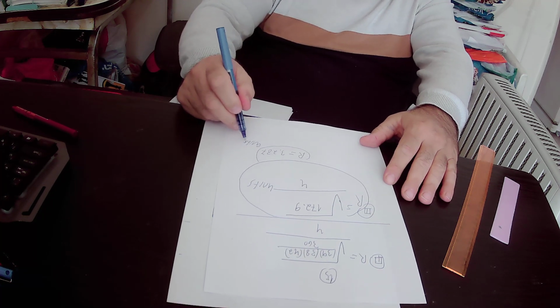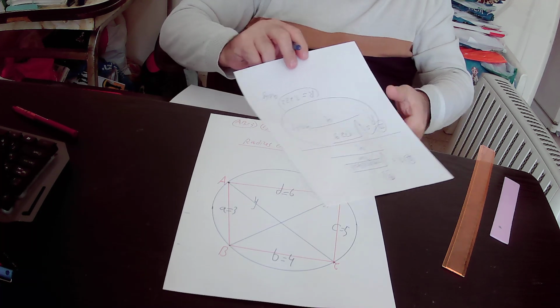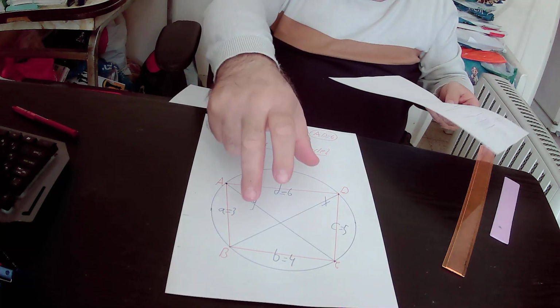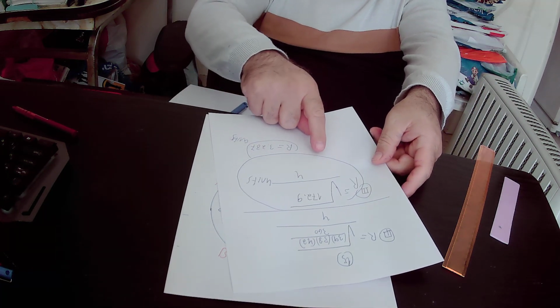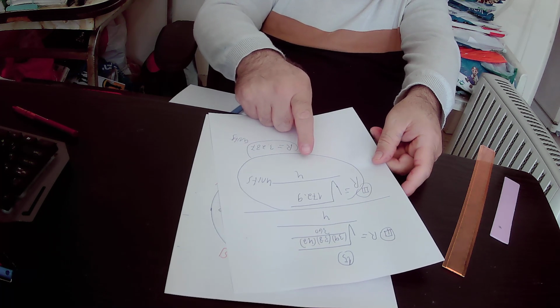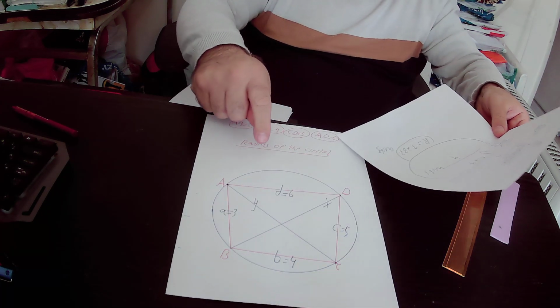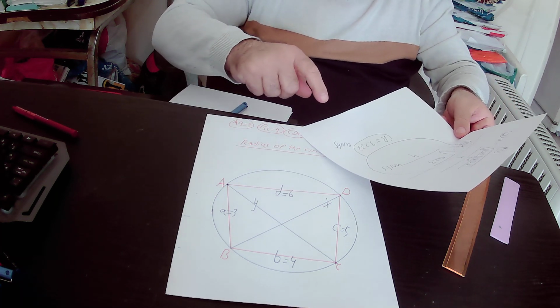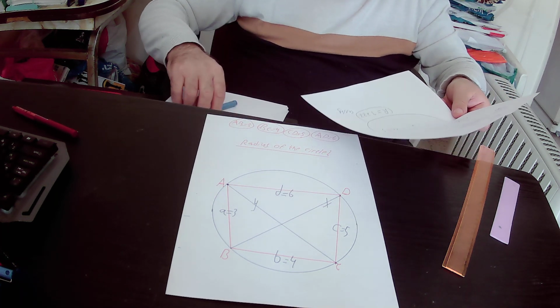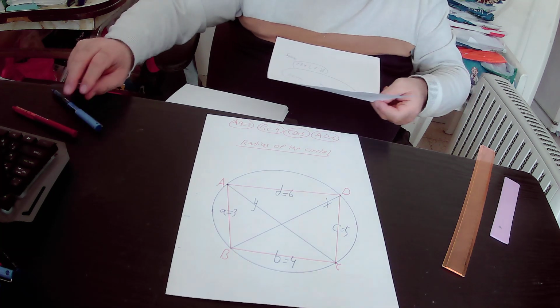So I will repeat again, the radius of this circle equals either the root of 172.9 over 4 units, or in terms of numbers, 3.287 units. Okay, that is the answer to the question.